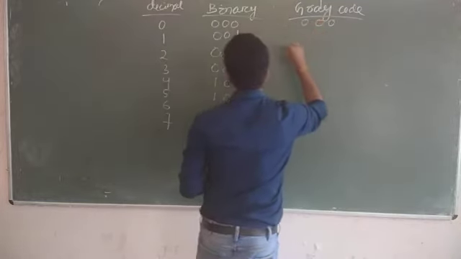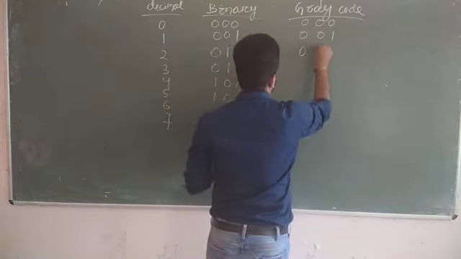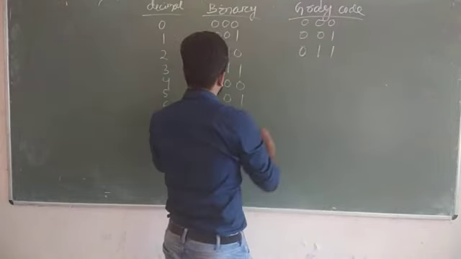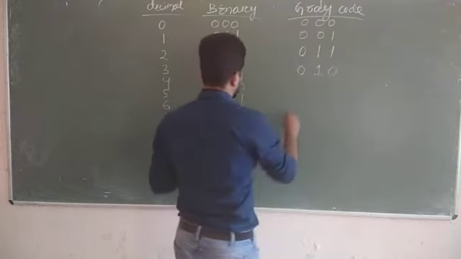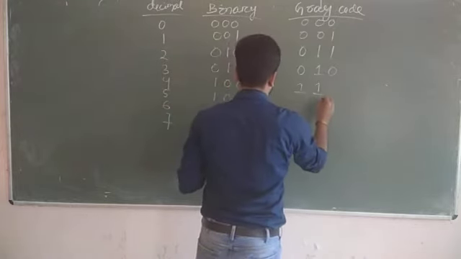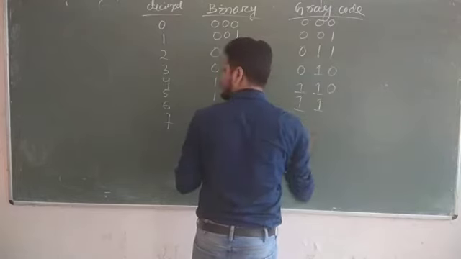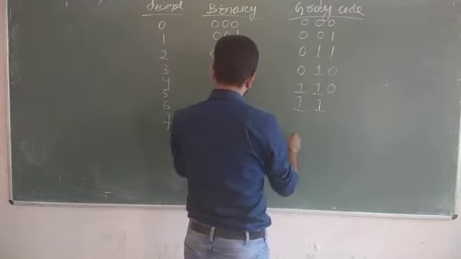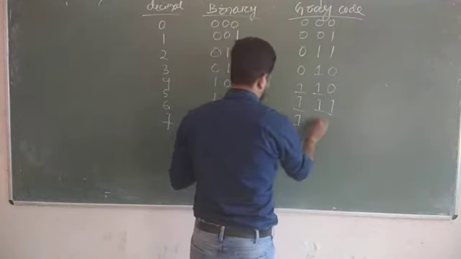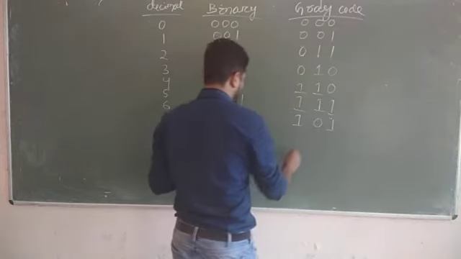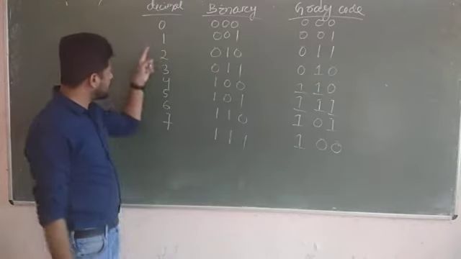The first is the same, 000, the next one is also the same, 001, then the third one is 011, then 010, then 110, then 111, then 101, then 100. So this is the corresponding Gray code for 0 1 2 3 4 5 6 7.